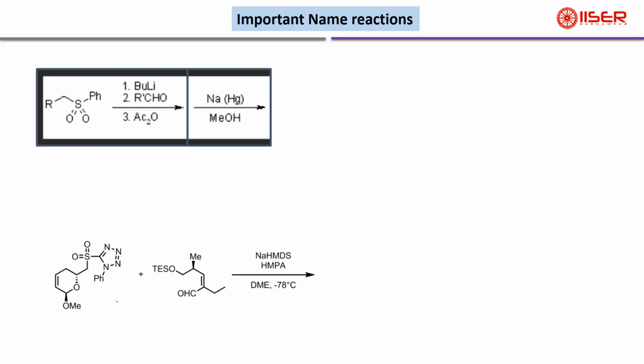So what will be the product here? In presence of base, there is a proton here that will be taken up, and it will attack this aldehyde and acetylation will be performed. In presence of sodium amalgam, that will be removed. So if you just draw it step by step.